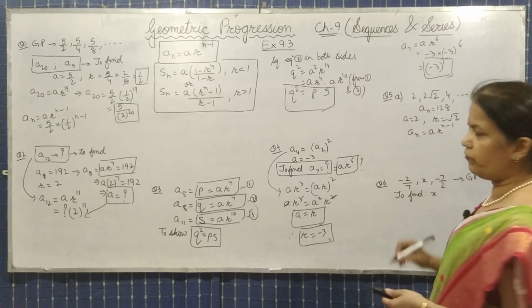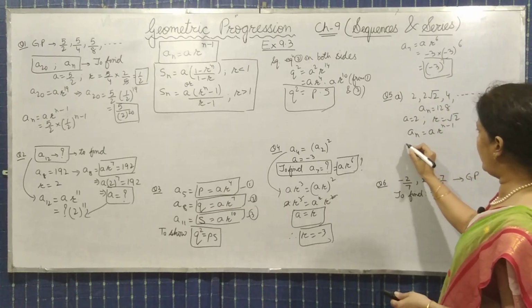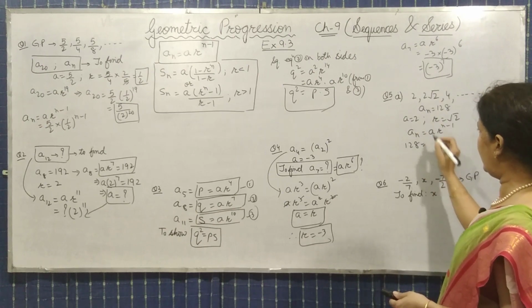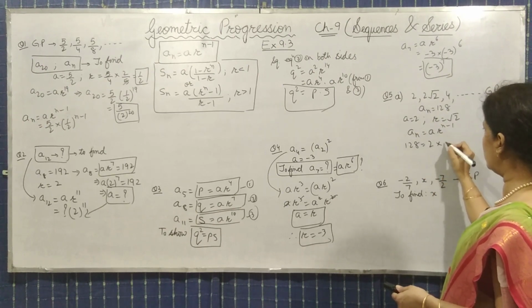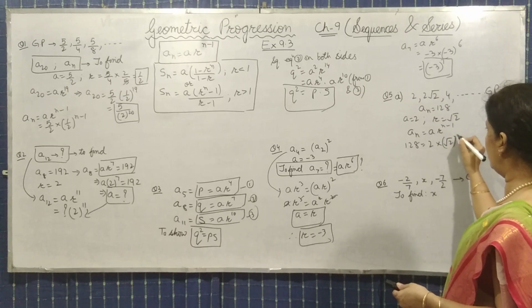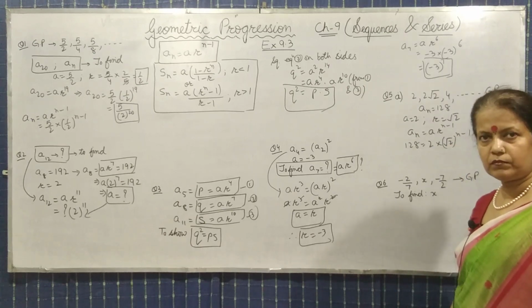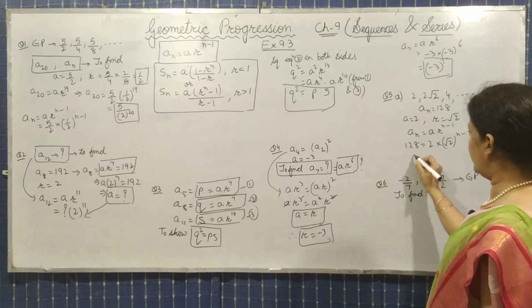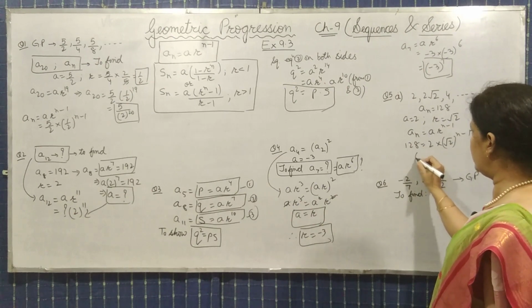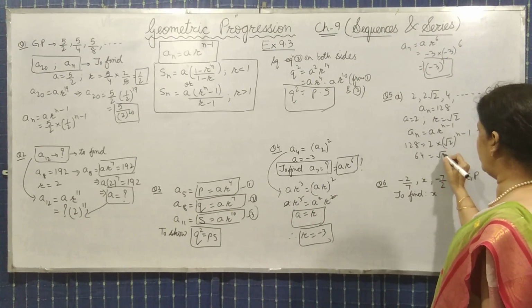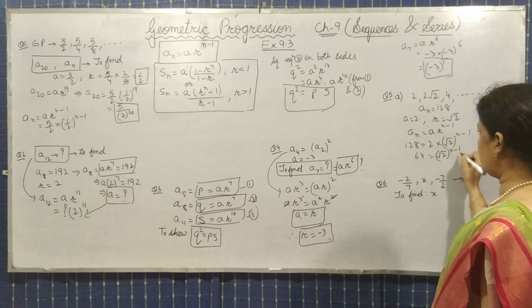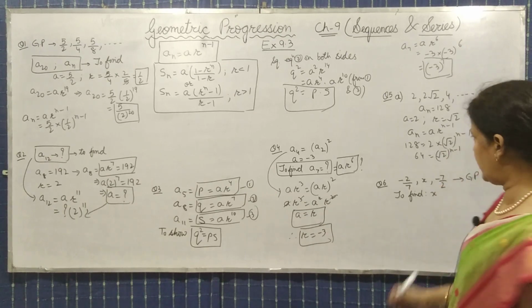a r^(n-1) formula, and an is given 128, a substitute, r is root 2, n minus 1. Shift it, you will get, after doing the division, 64 equals root 2 to the n minus 1. What should be the next step?